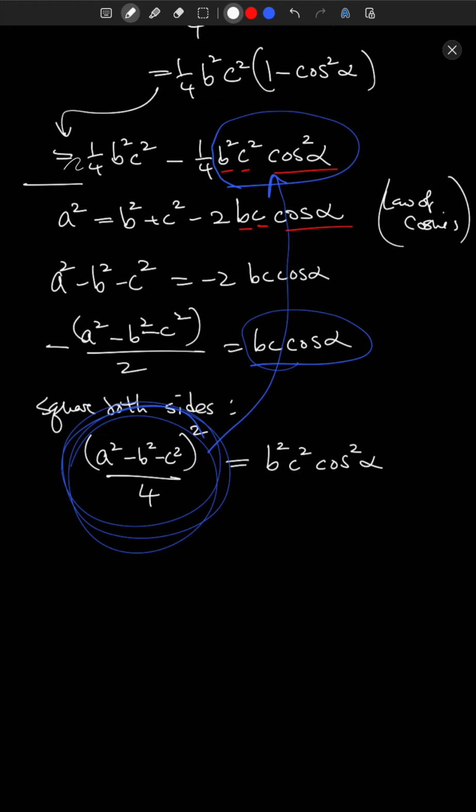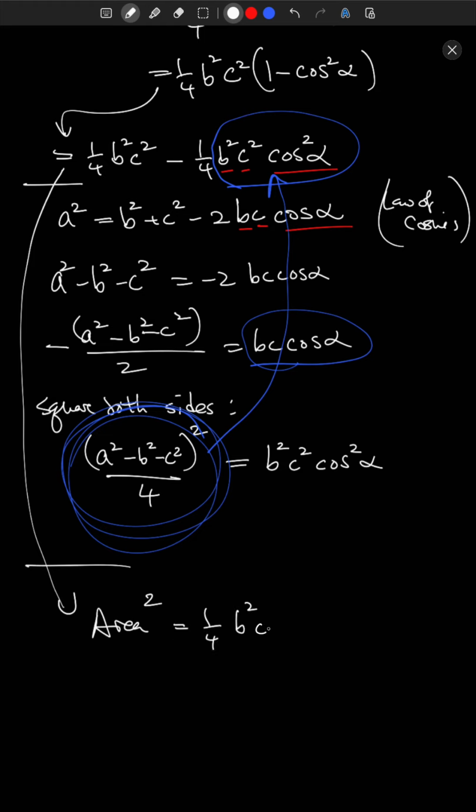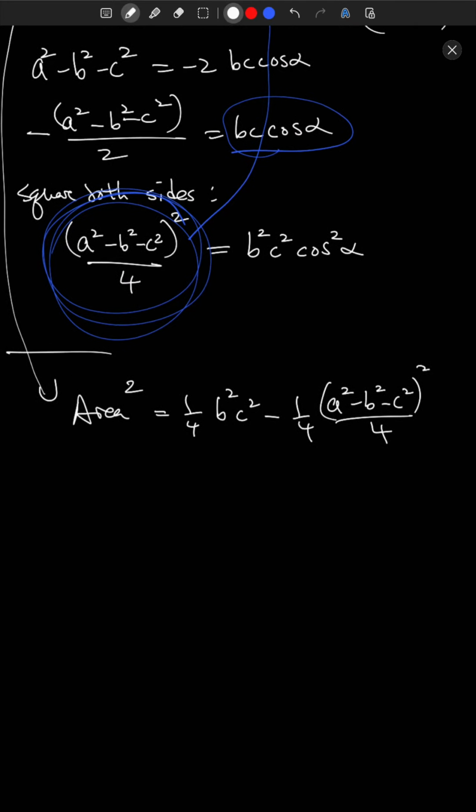To continue, my area squared is equal to 1/4 b squared c squared minus 1/4 times (a squared minus b squared minus c squared) whole thing squared over 4.